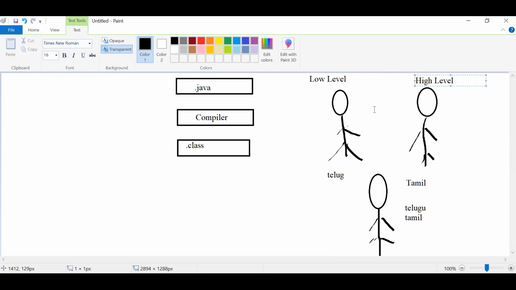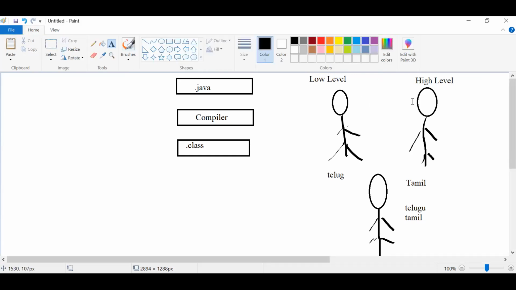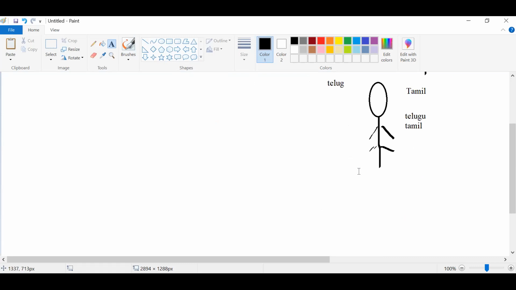So these two persons cannot understand each other. This person cannot understand the high level language, and this person cannot understand the low level language. In that way, they introduce the compiler. This is like a mediator.